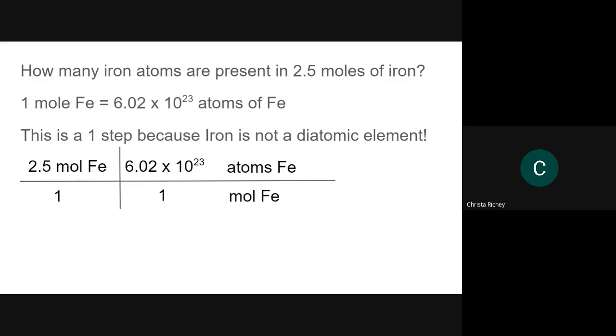Here comes the part that's going to take most of the time. If you tend to use your phone as your calculator, you need to pull your phone out and open up the phone app. If you're using your Chromebook, open up your calculator from your Chromebook.